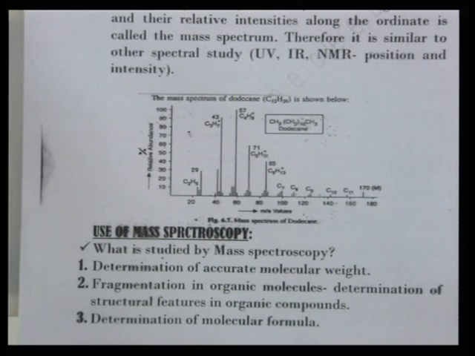Besides this, another use, the latest recent application, is GCMS. In GC, the detector used is an MS, and it is a combined technique, GCMS. From this technique we can get the percentage purity of each compound.